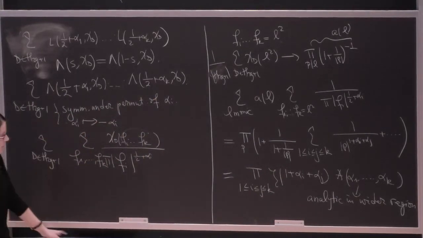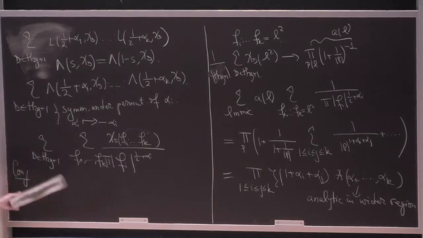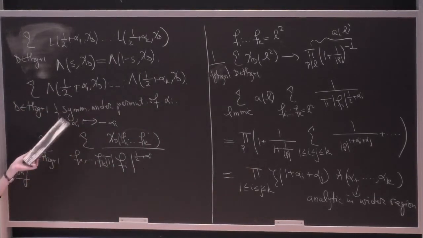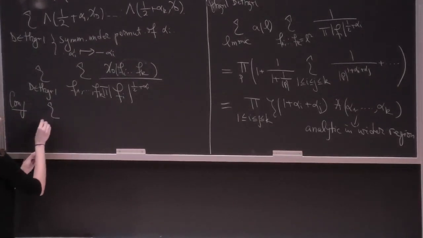So then the Andrade and Keating conjecture is that the kth moment should be the easiest object which has this shape but preserves these symmetries. So all I have to do is add over all the possible sign choices.